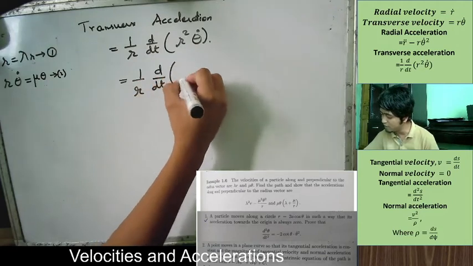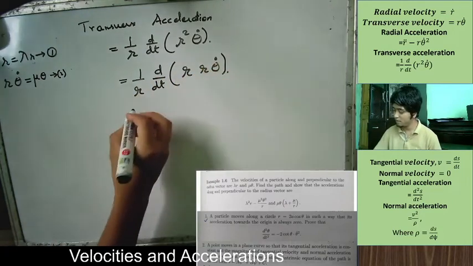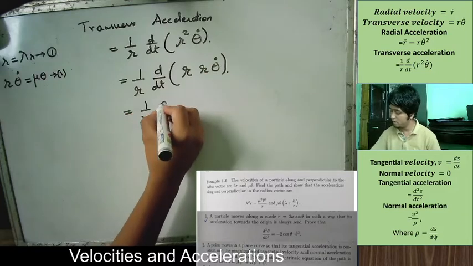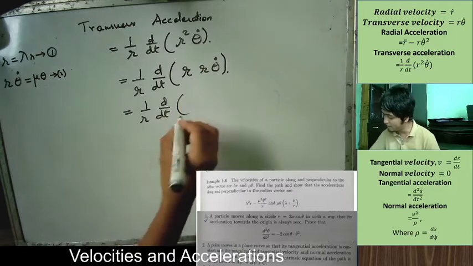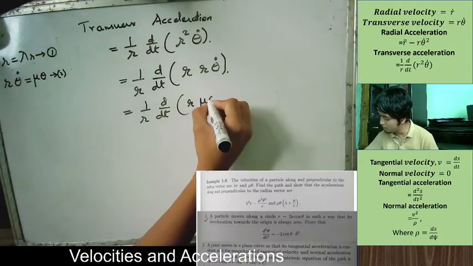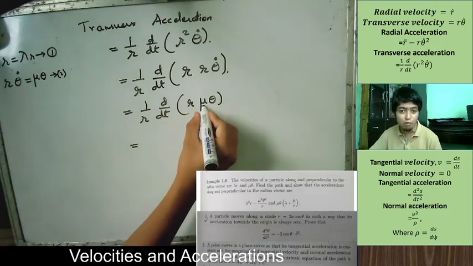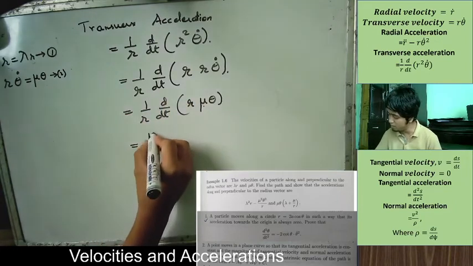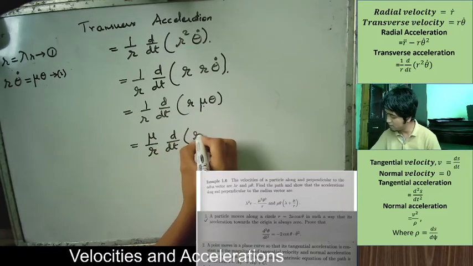This one can be written as r times r theta dot, and r theta dot is mu theta. So r mu theta. Mu is constant, we can take it outside: mu upon r d/dt of r theta.